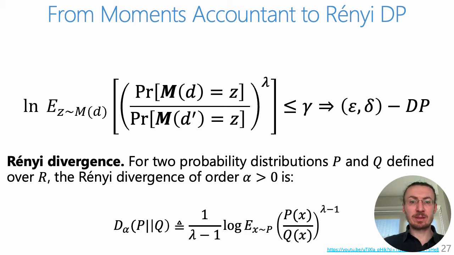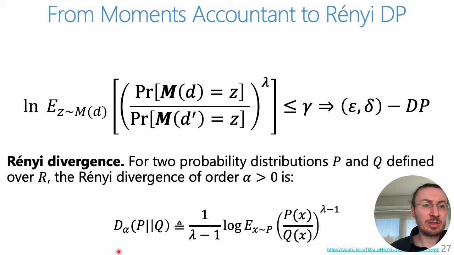This is a similar definition to that of the privacy loss random variable. In this case all algorithms are natural, and P of x is the density of P at x. So going back to the initial setup, we defined a new way to think about the privacy random variable, and an extension to the moments accountant was proposed to leverage the Renyi divergence.